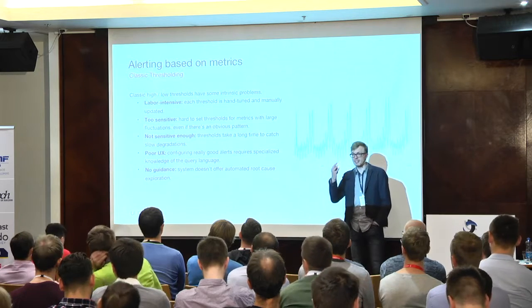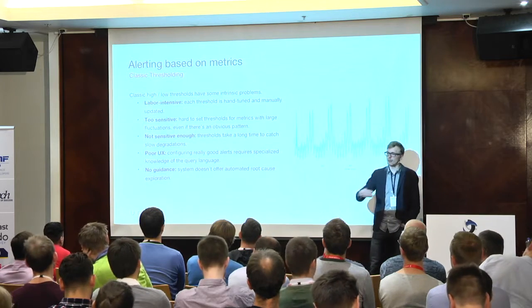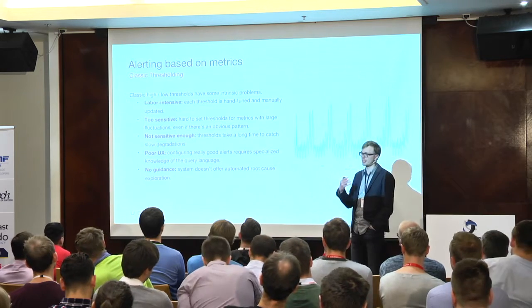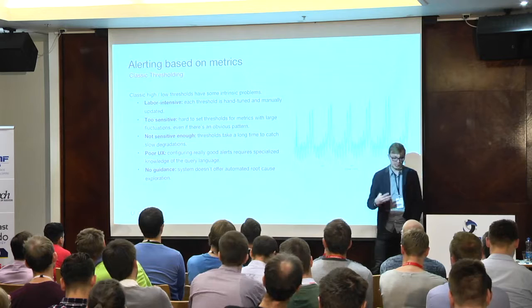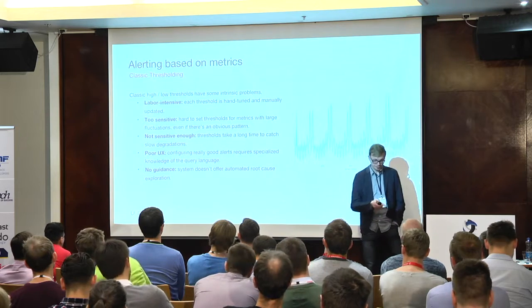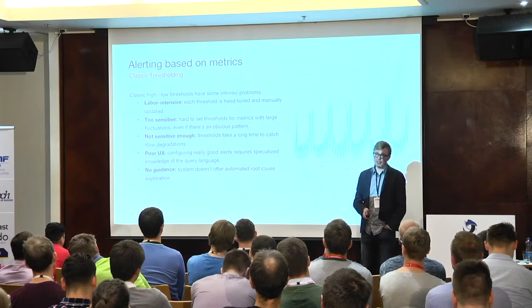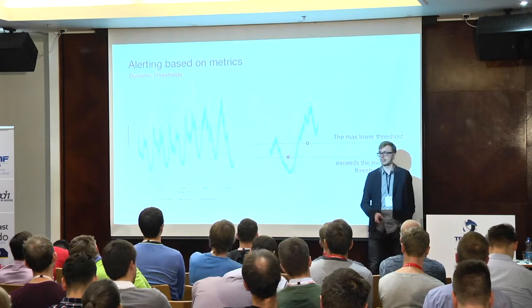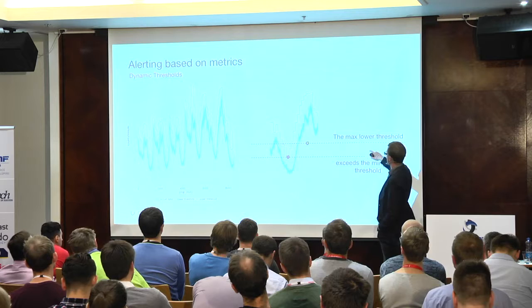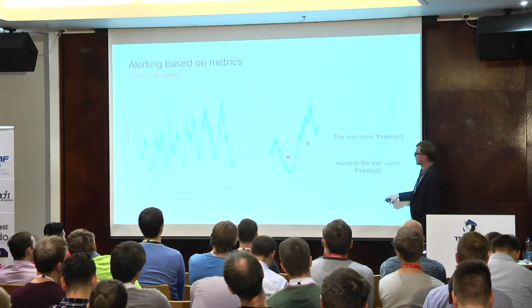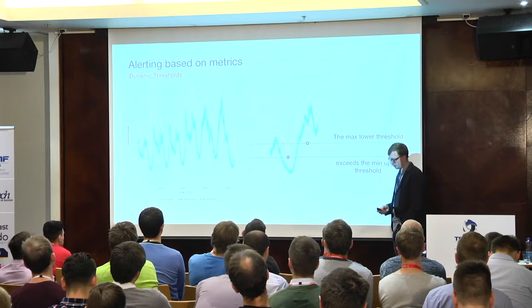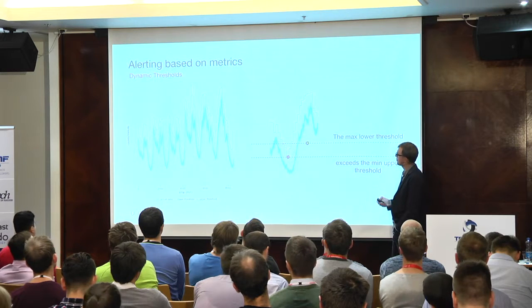Even if you set the thresholds, it requires constant maintenance because data changes, and then you can get alerted when action is actually not needed, right? So those manual alerts are not flexible at all. And even in cases like this, when the max lower threshold exceeds the minimum upper threshold, where you set the metrics is not so easy to figure out.